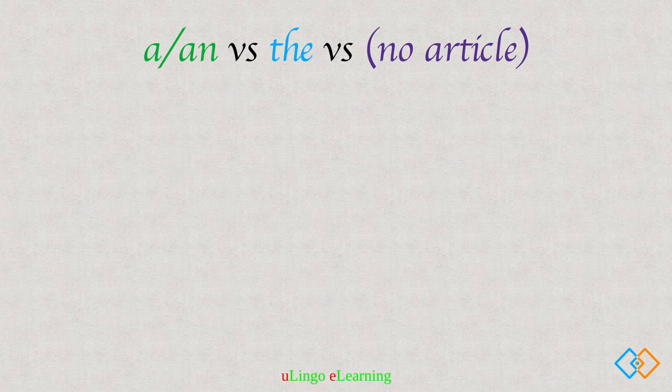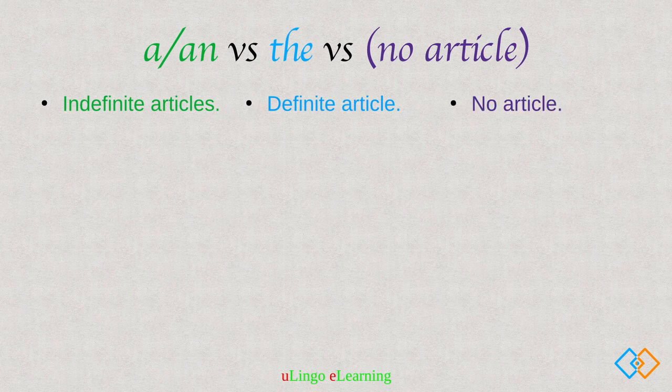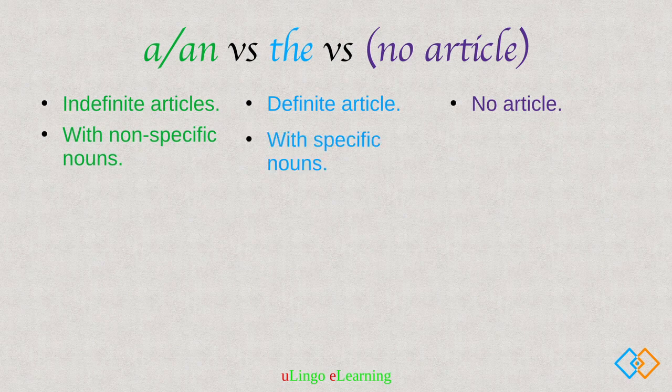Here's the summary of what we have learned. A and an are indefinite articles. The is a definite article. And in the case of no article, there is no article with it, of course. A and an are used with non-specific nouns, while the is used with specific nouns.